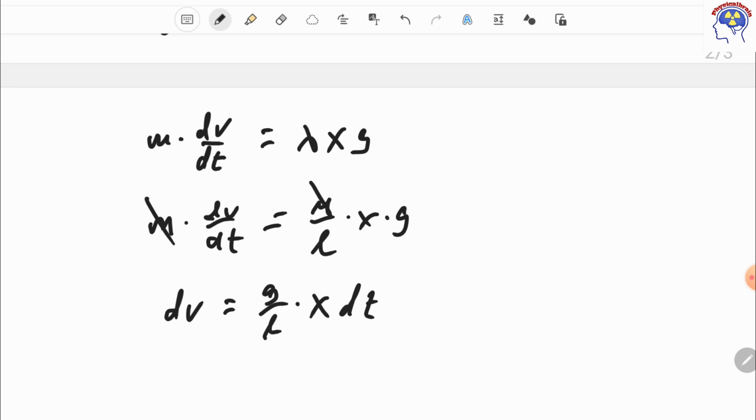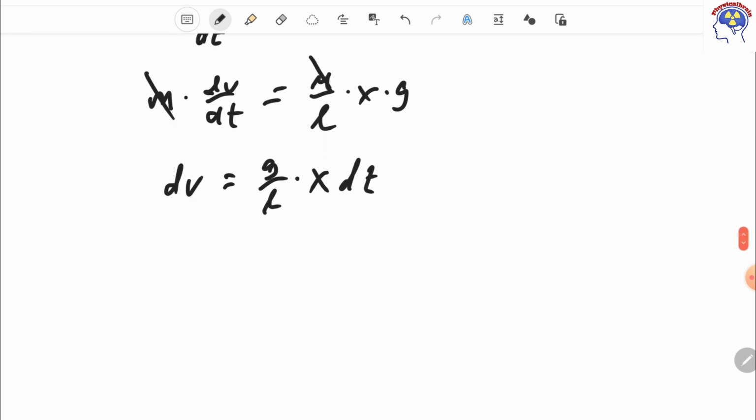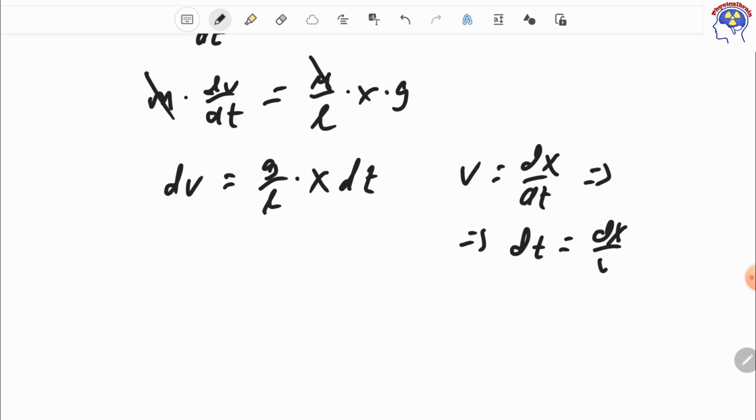And we can see that dt is not fitting here, so I'm doing it in a bit of a different way. We know that v equals dx/dt, and in this case we need dt, so we're going to replace dt with dx/v.